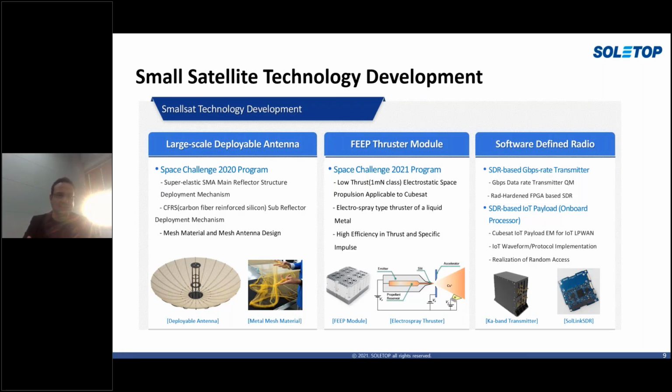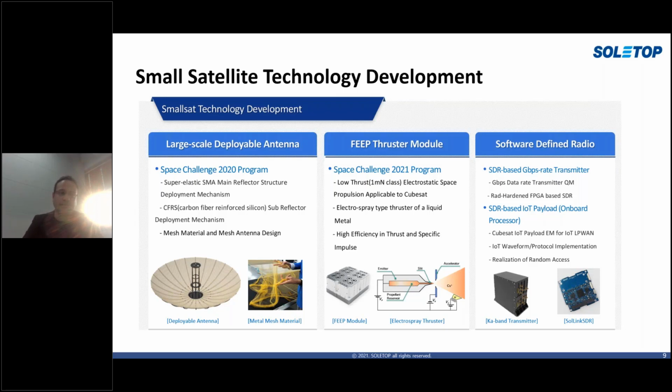First one being the Space Challenge 2020 program, which is very important for us, and then our engineers have been developing several systems for deployable antenna, from deployable antennas to metal mesh material. These kind of systems are very much important for us, because in future we will have several systems which will be a part of our commercial business as well.